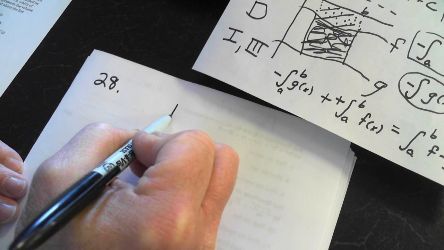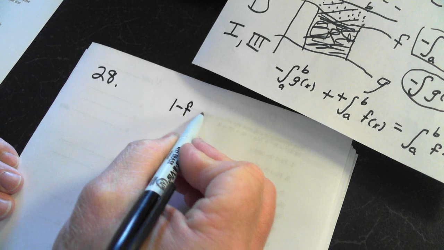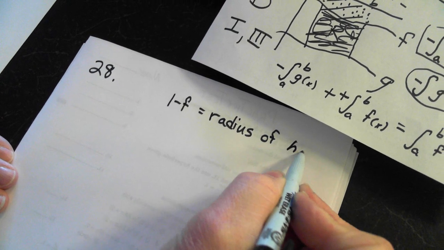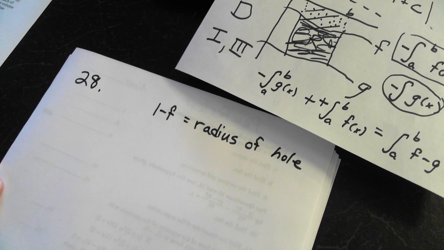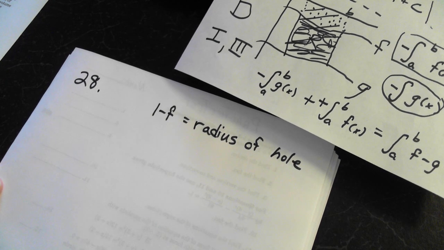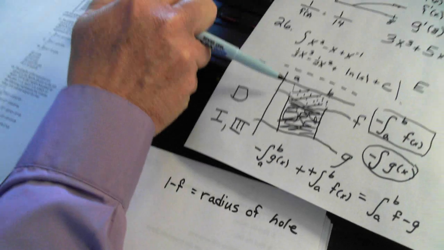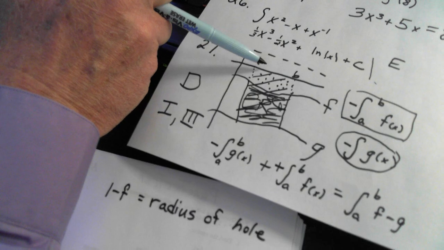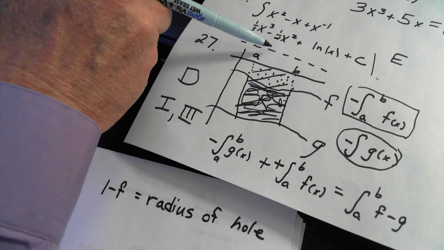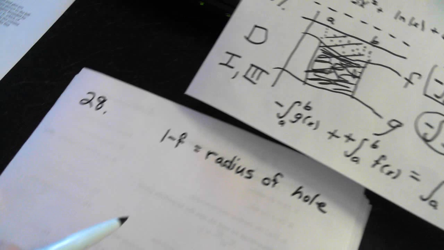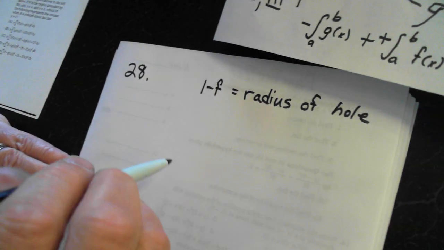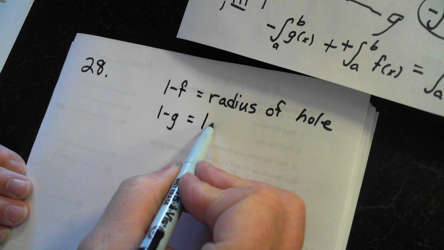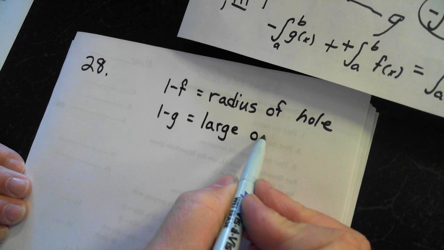That's equal to the radius of the hole. F is negative, so minus F gives you this distance right here. Minus F plus 1 gives you the full distance for the radius of the hole. Then the radius to the outside is going to be 1 minus g with the same kind of thinking. That'll be the large outer radius.